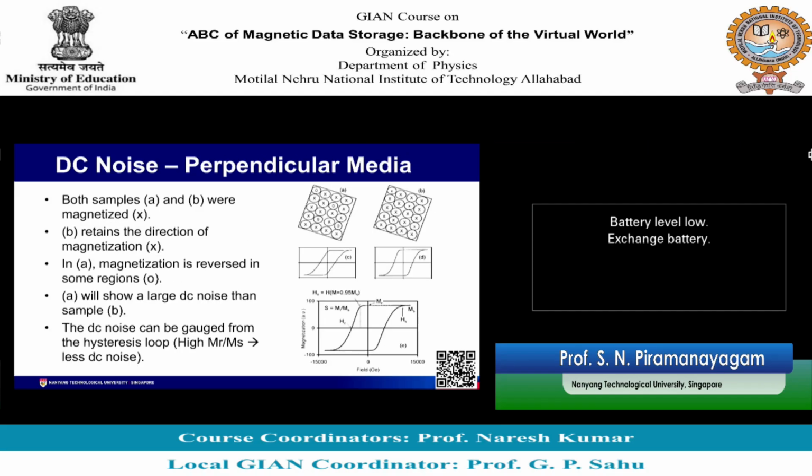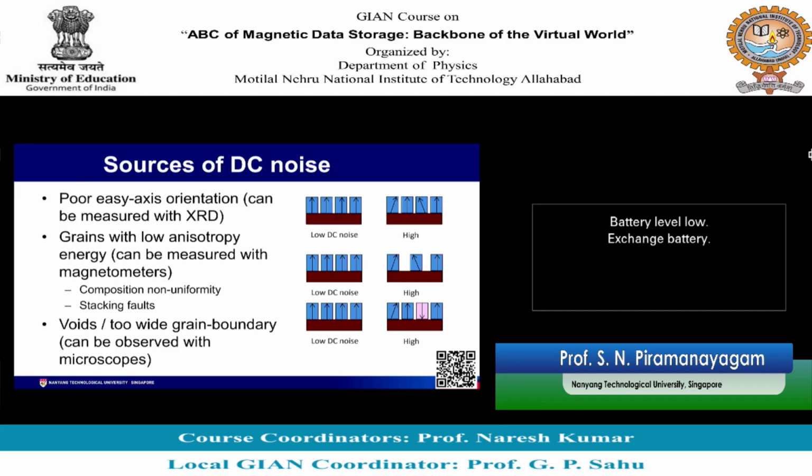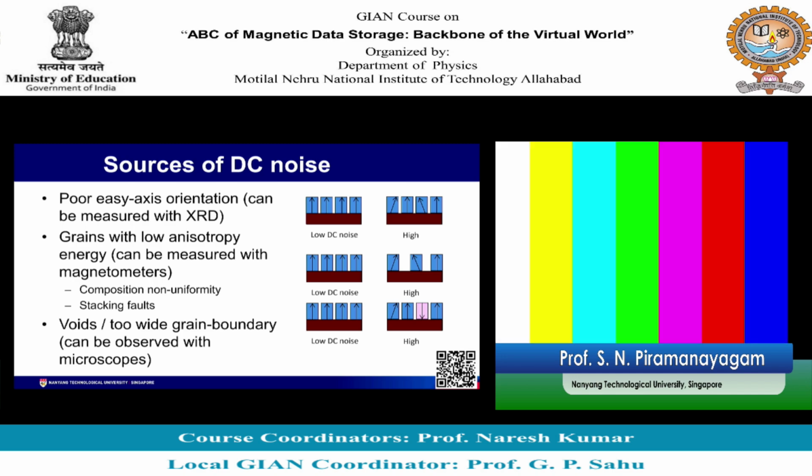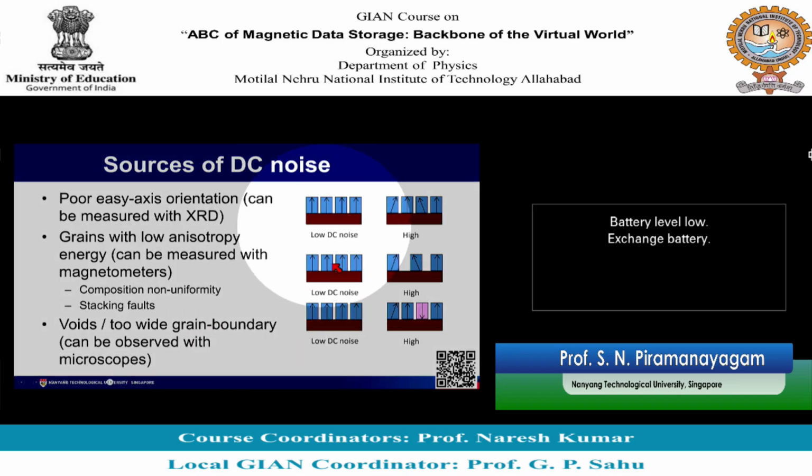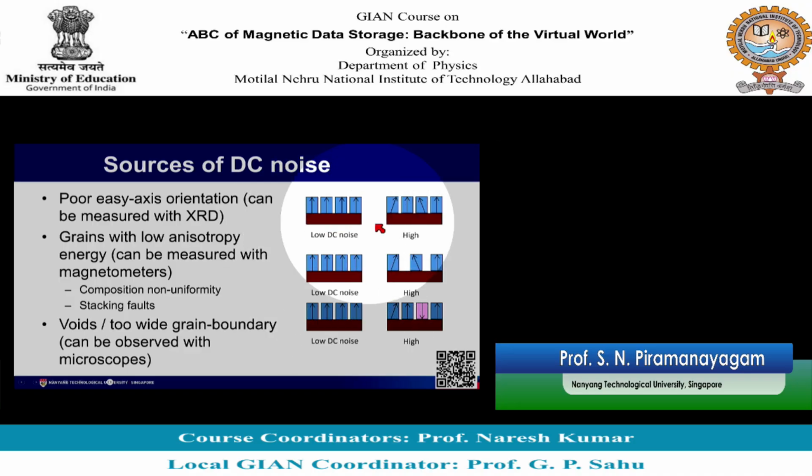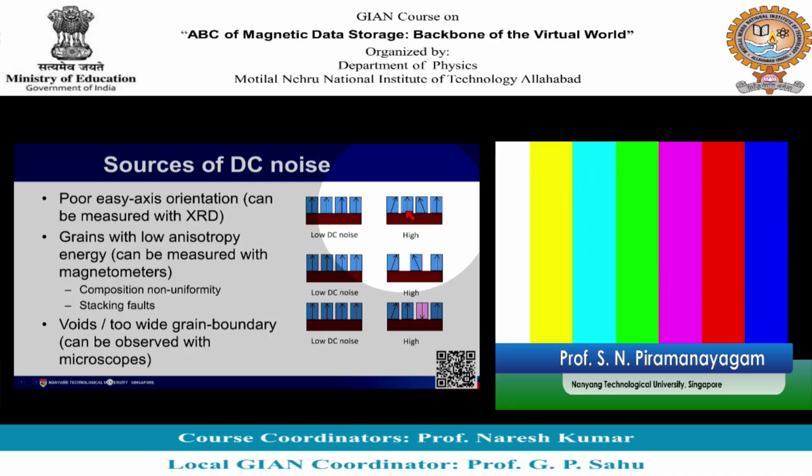Okay, so let me skip all these things. In the case of perpendicular recording, we want to make all the grains point in the perpendicular direction. The EZ axis has to be perfectly oriented, that is what gives rise to low DC noise. If the EZ axis has random magnetization, that is not good. If there is a lot of space between the grains, that is also not good.